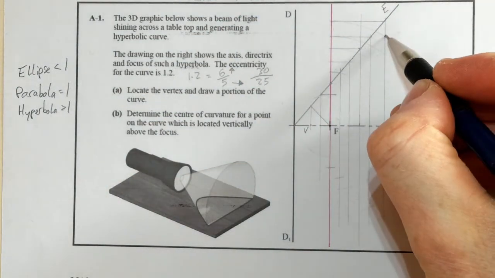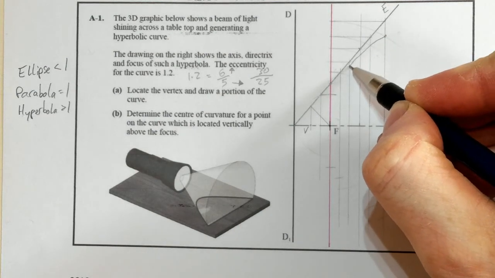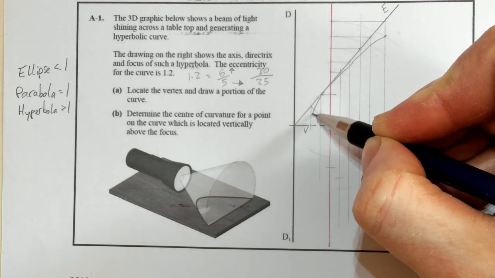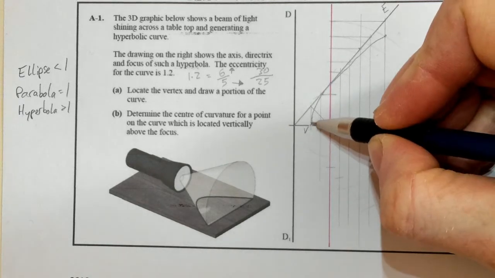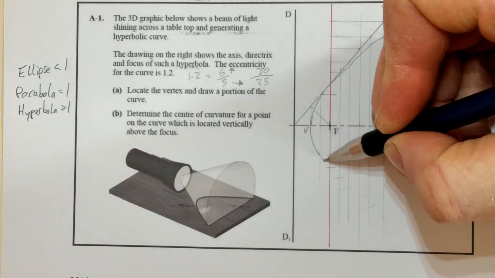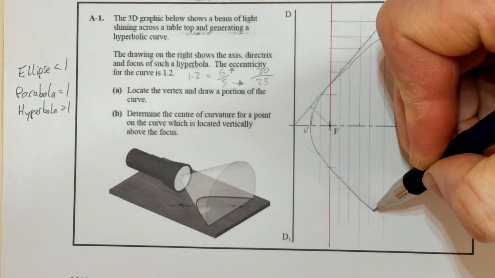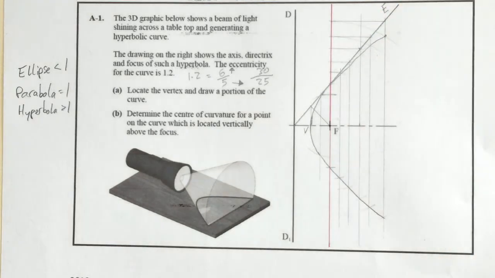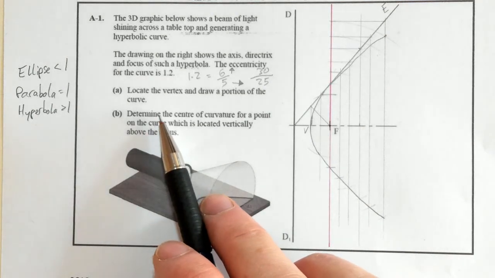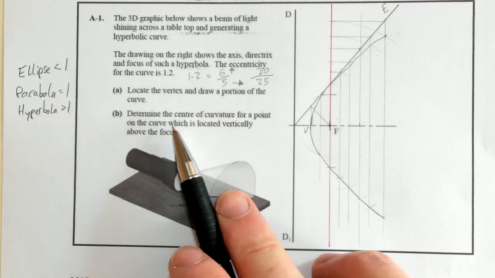So I now have my points, and I can draw in my hyperbola. Like so. And that then is part A of the question. So I've located the vertex and I've also drawn a portion of the curve.